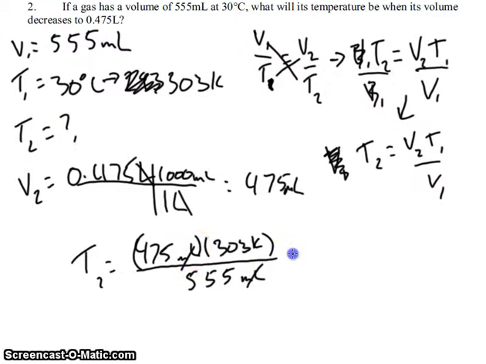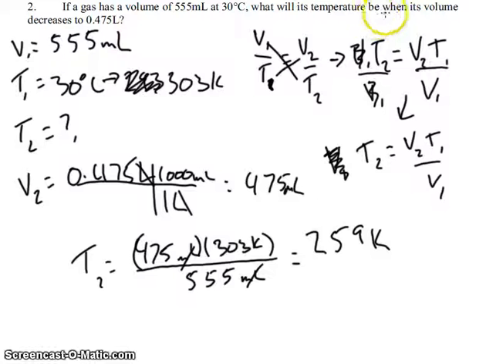So milliliters are going to cancel. I'm just going to be left with Kelvin, and that is a unit of temperature, so that's a good sign. So we take 475 times 303, and then divide that answer by 555. And if I do that, I end up with 259 Kelvin.